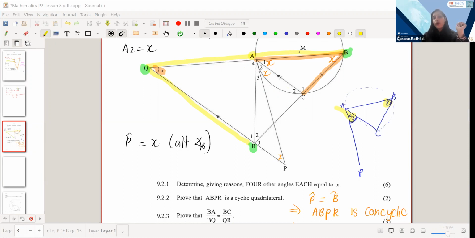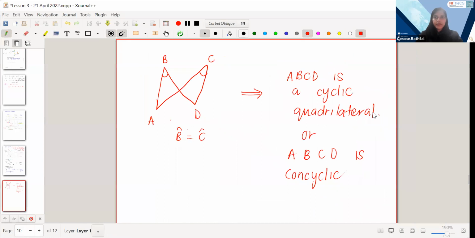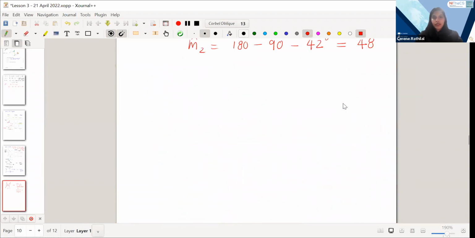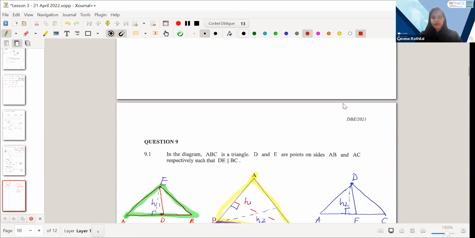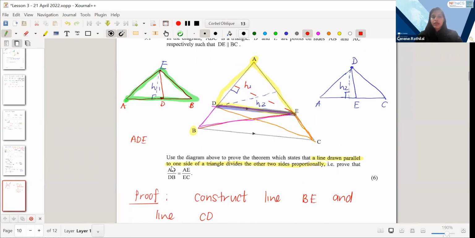So let's go back to here and remind ourselves very quickly. By the proportionality theorem, a line drawn parallel to one side of a triangle divides the other two sides proportionally. That's what we're going to utilize.